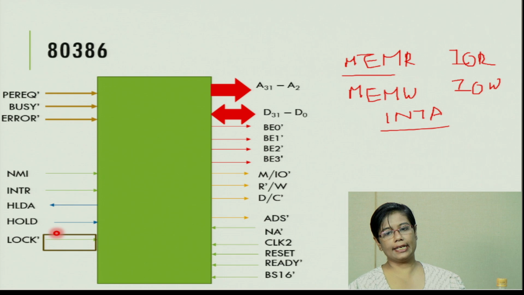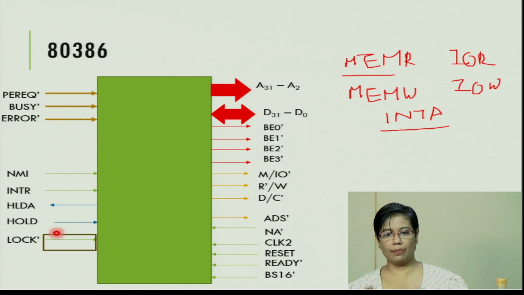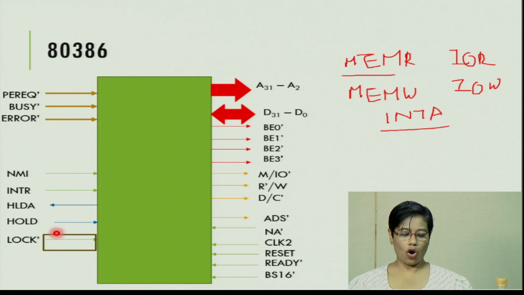So when the lock signal is made low, it indicates that 80386 is not ready to hand over the bus. It locks the bus and keeps it with itself. That is the purpose of the lock signal. The lock signal is always associated, as we saw in case of 80286, with the lock prefix.